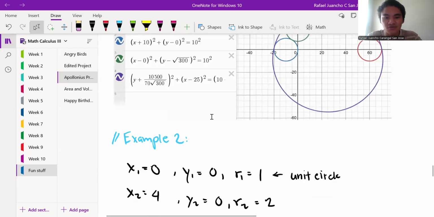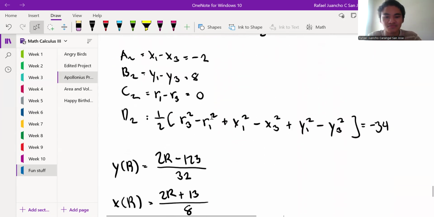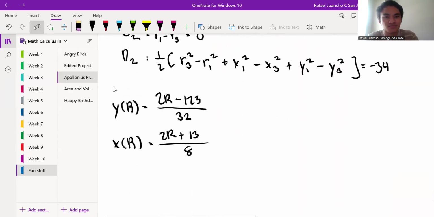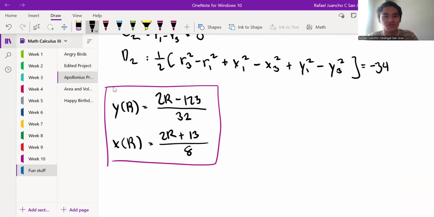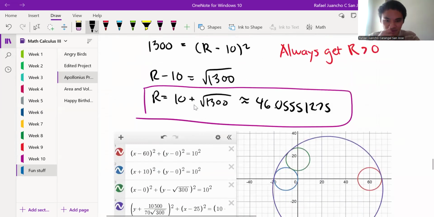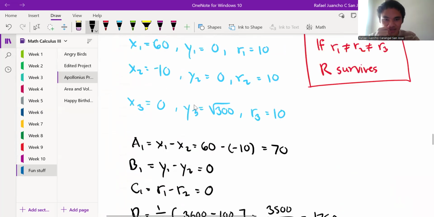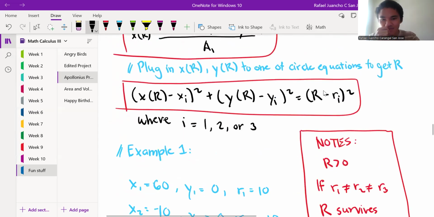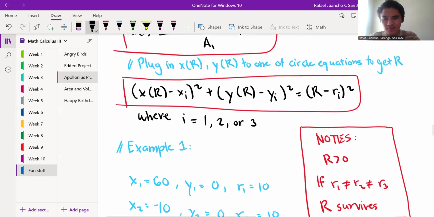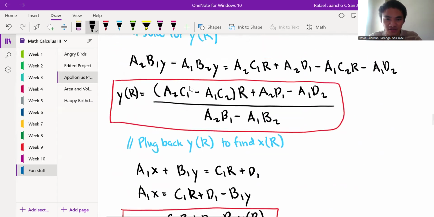Okay, so how do I solve for R? Those are not values yet, so I'm just gonna wait on that. Now to solve for my R, I want to use my last formula here. I could just use any of them. I'll probably just use x1, y1. I'll just plug them into the first equation and I should be able to get it.